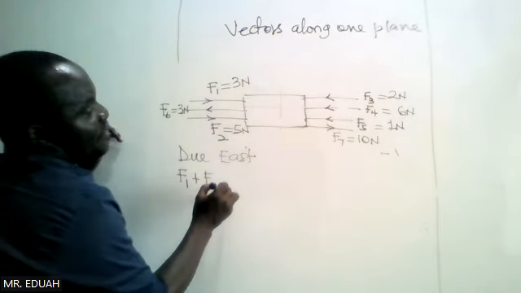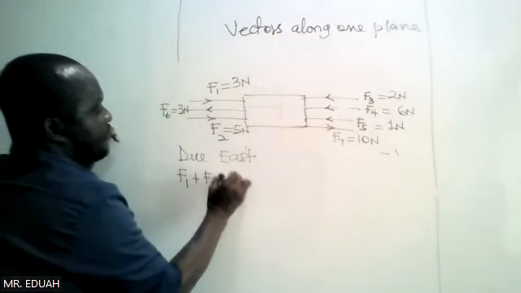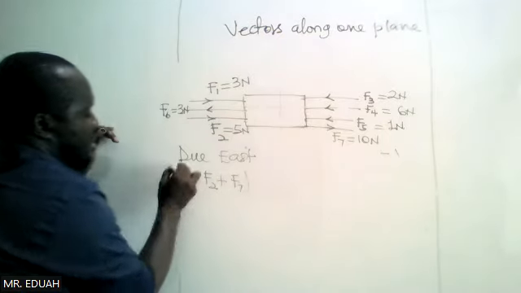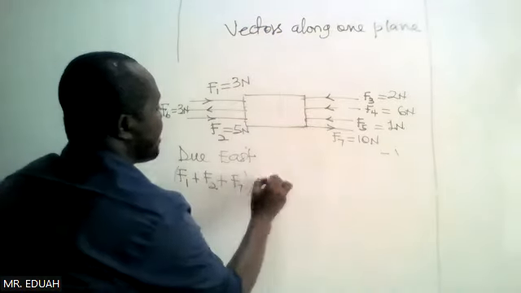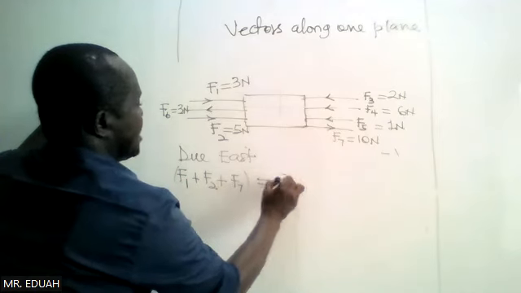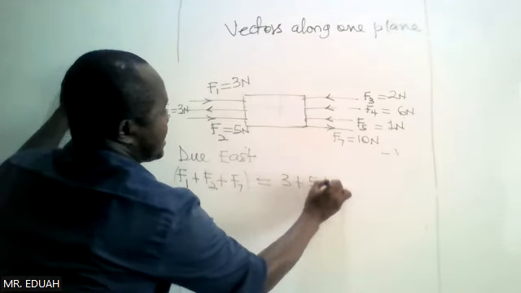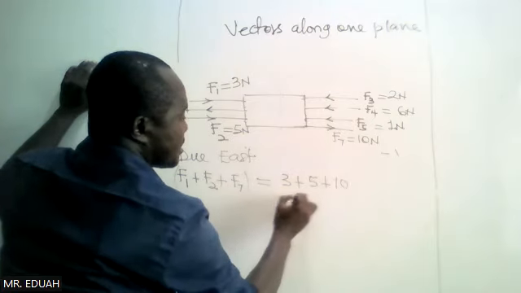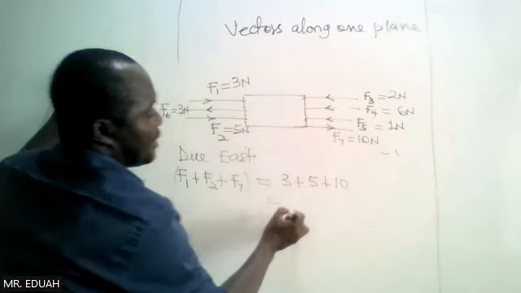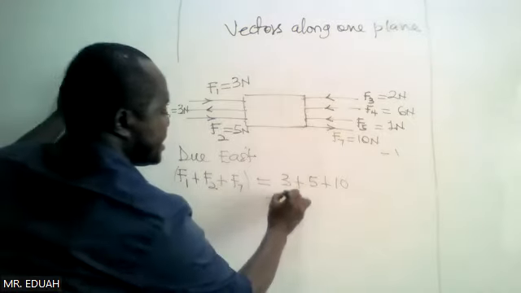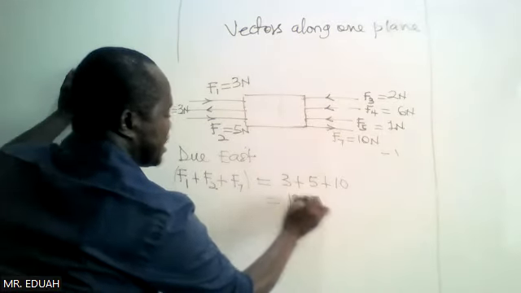Then F7. When I sum them up, I have 3 plus 5 plus 10. This is giving me a total of 18 Newton.